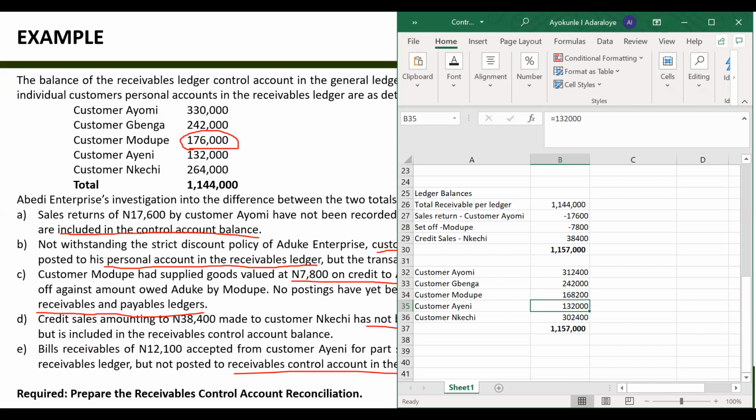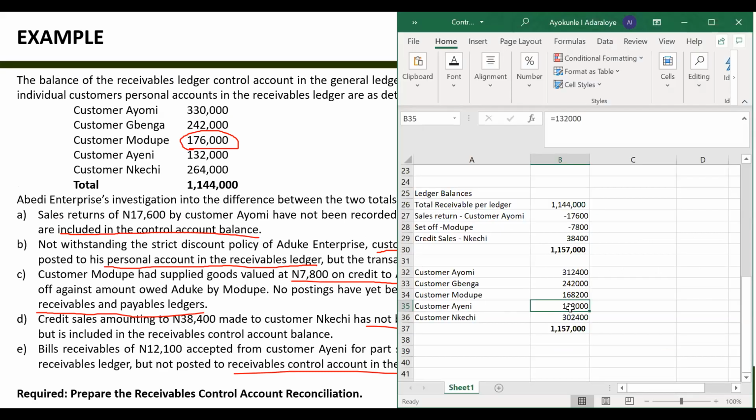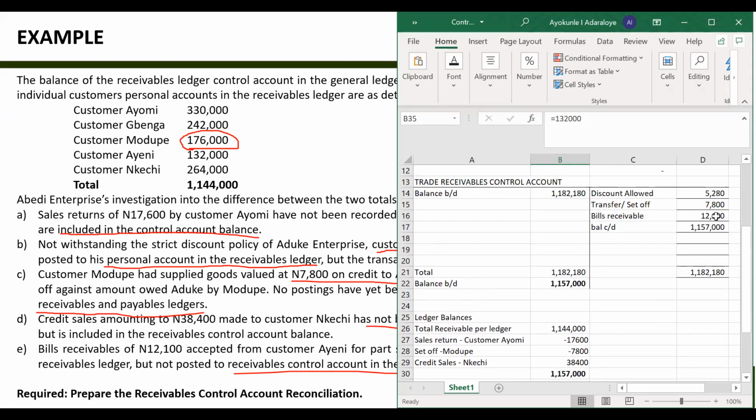Customer Yeni, on the other hand, does not have any information for us to adjust. Don't be fooled by this one where you have the bills receivable. Don't forget, they said this has been recorded in our personal account. Because it has been recorded in our personal account, we are not making an adjustment regarding our personal account. We only made the adjustment when we were posting in the control account.